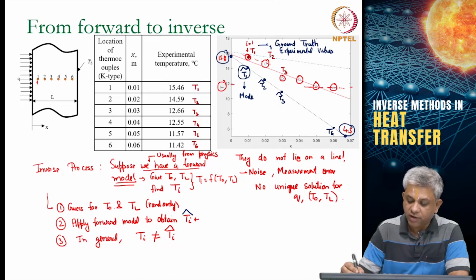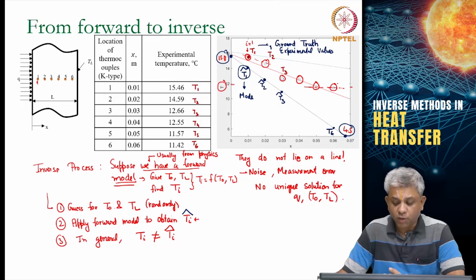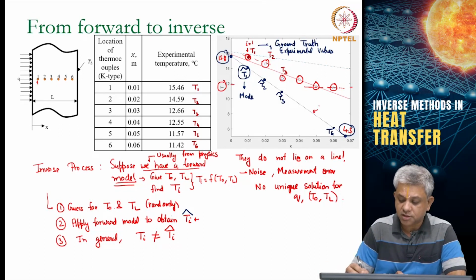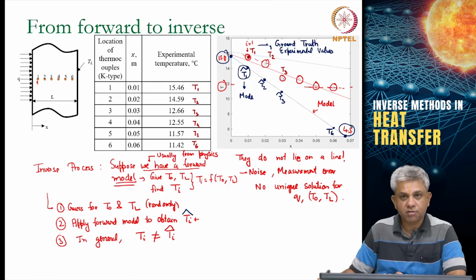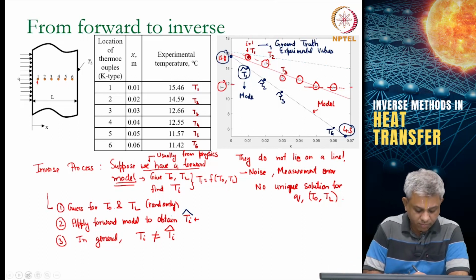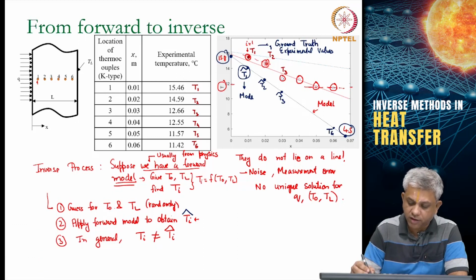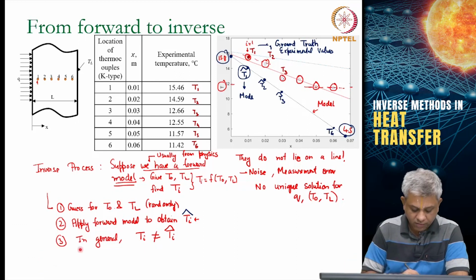In fact, your model guess is never going to perfectly match reality, because you are only guessing. This is a model with some values of the temperature, and that is not going to match the real value of temperature ever. Notice these are very different values here.